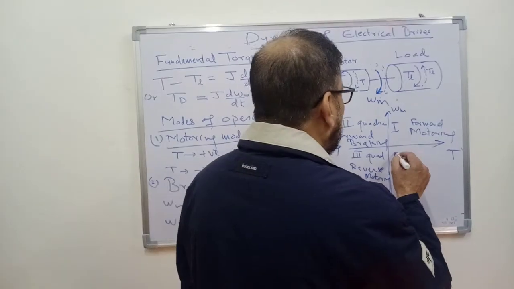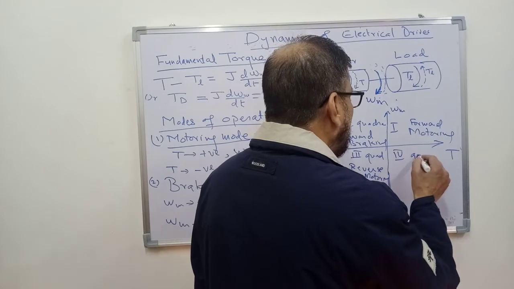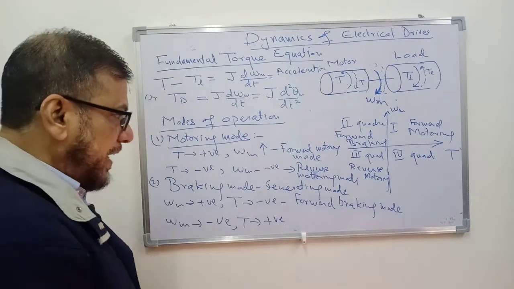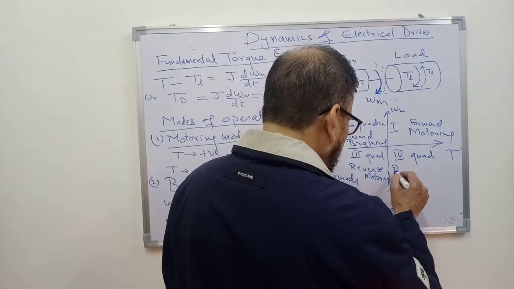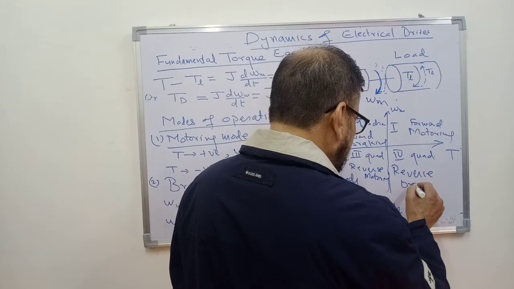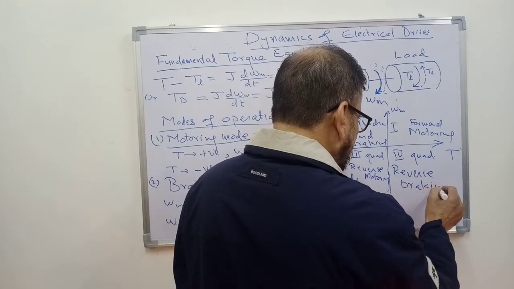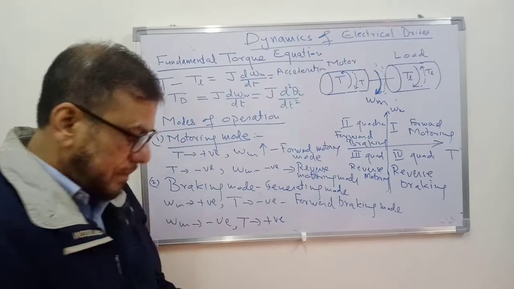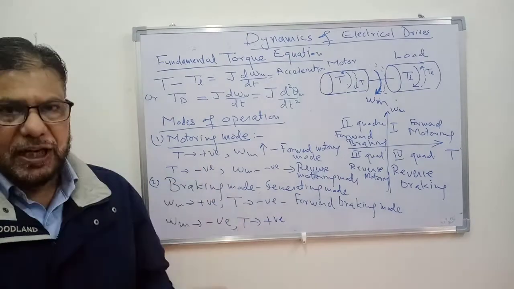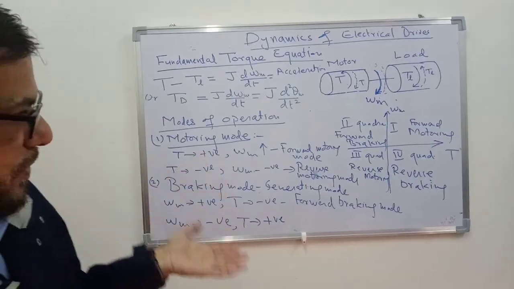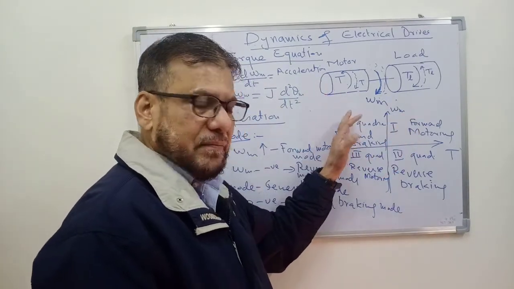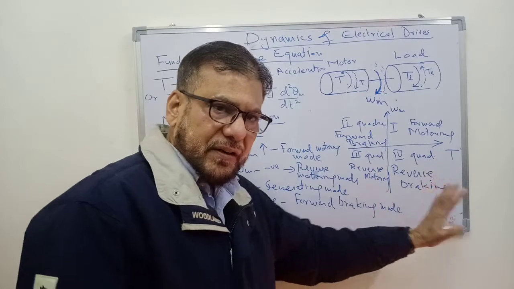So this will be fourth quadrant of speed torque plane, and this you may call as reverse braking. So there are four modes of operation: forward motoring, forward braking, reverse motoring, reverse braking.